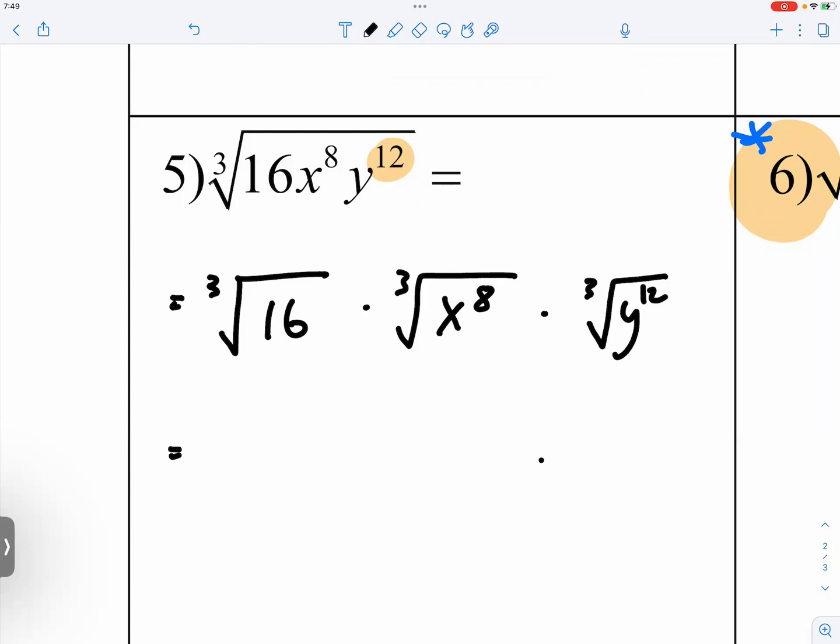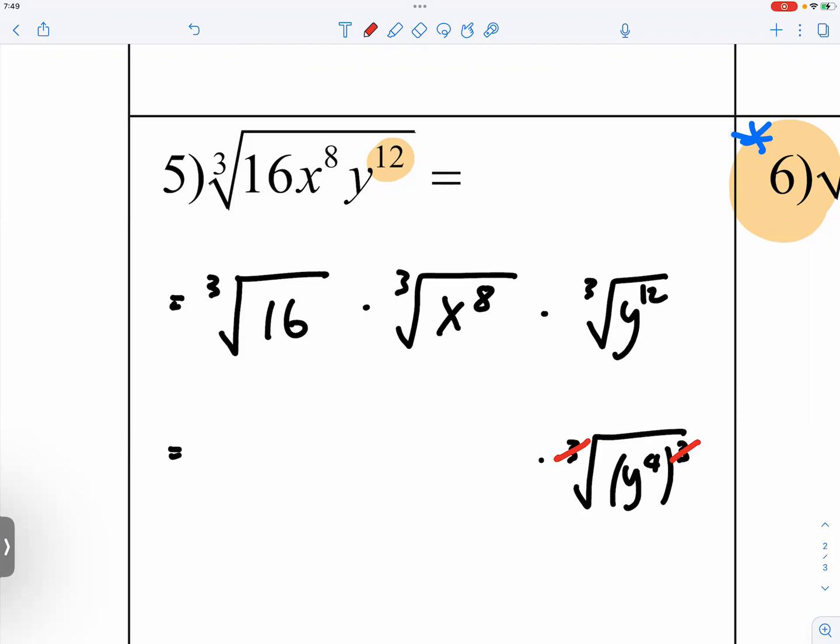One way is that you can look at it this way. Why would you want to look at it this way? Because the cube and the cube root are inverses, and they're going to cancel each other out. So what's left? y to the 4th power.